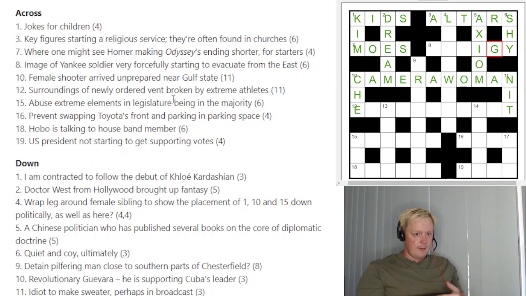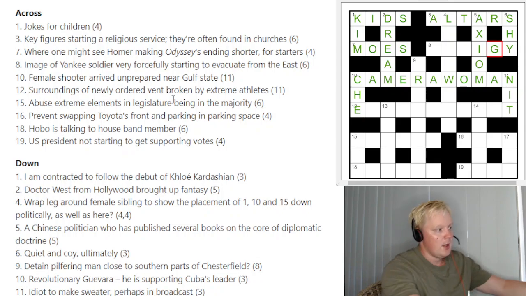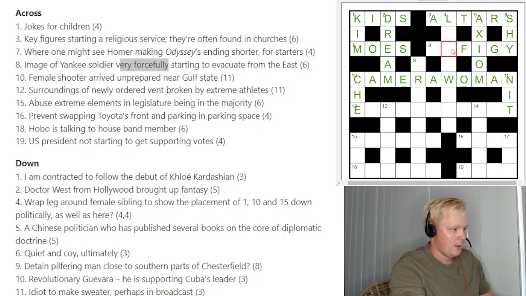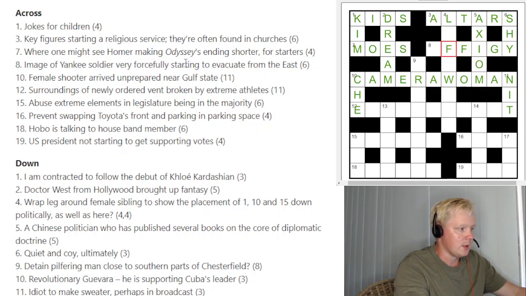You can see F for forte, meaning loud. And you can see FF for fortissimo, which means very loud, very forcefully. So very forcefully here clues FF. And the E from starting to evacuate is the remaining letter. And effigy is an image.